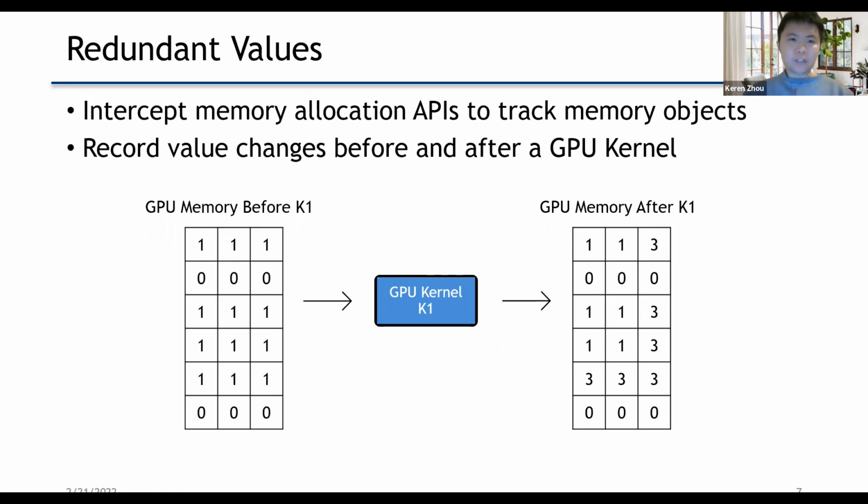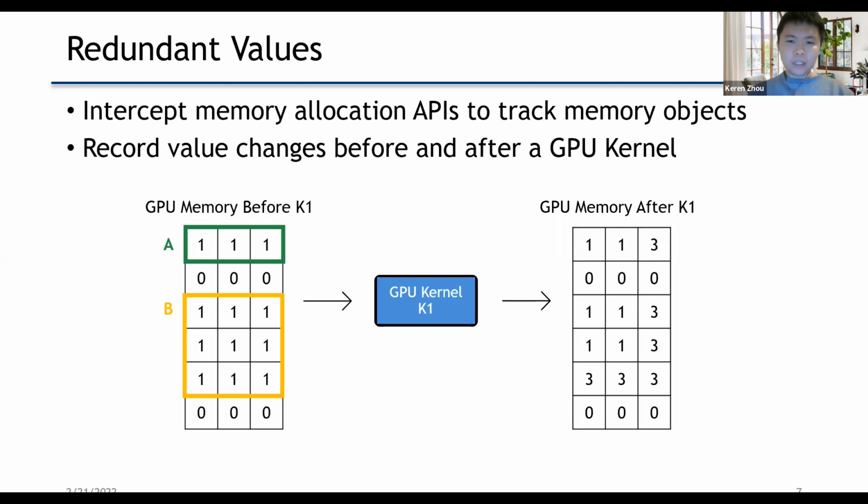So we intercept memory allocation APIs to track memory allocation so that we can identify different data objects. Then at each GPU kernel, we record values before and after GPU kernel invocation. In the example below, before the invocation of GPU kernel K1, we identify the range of object A and object B.